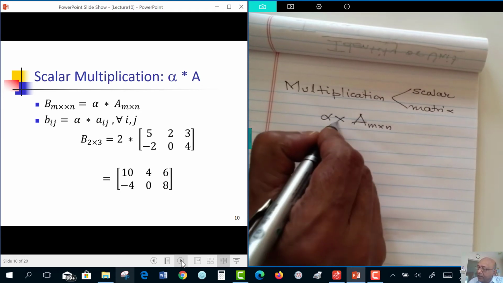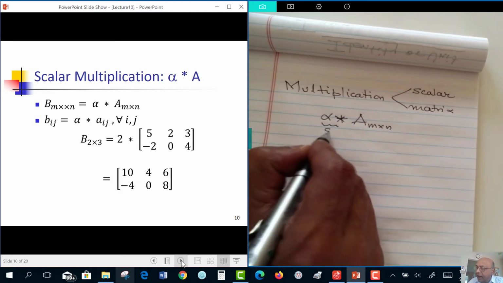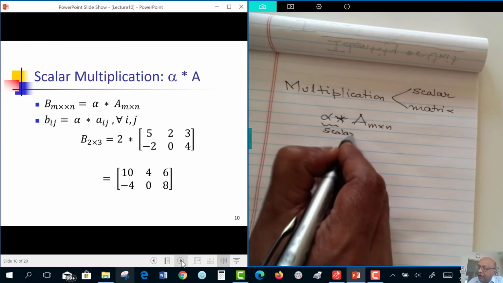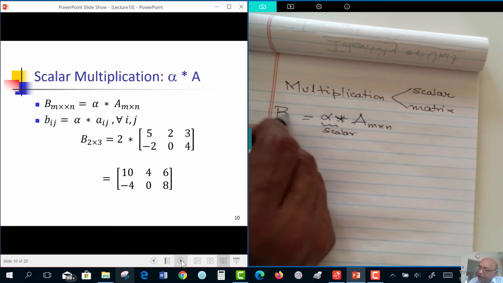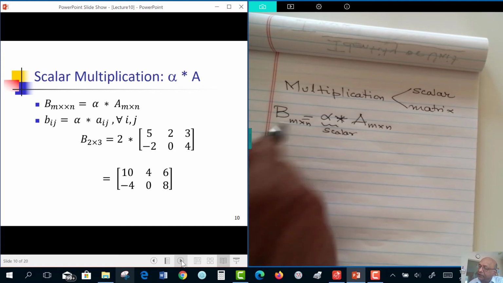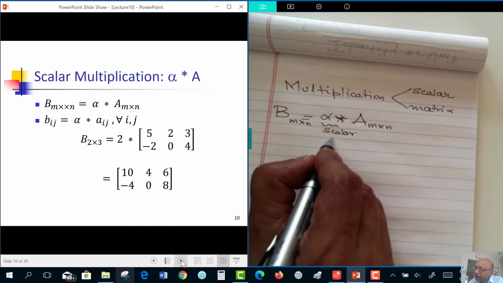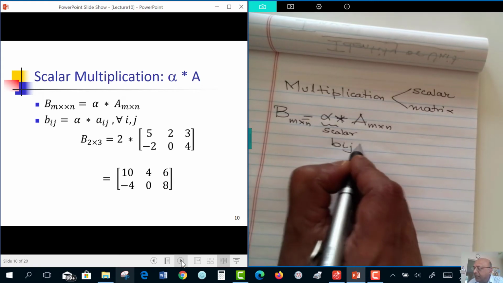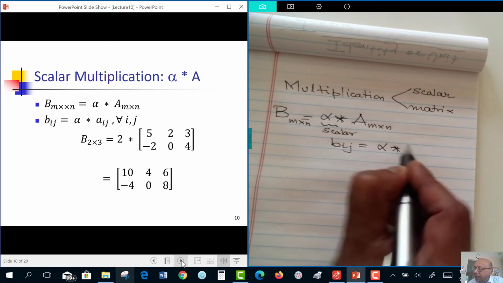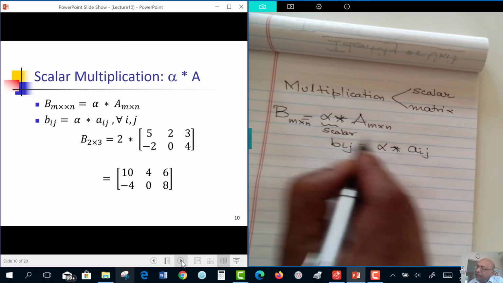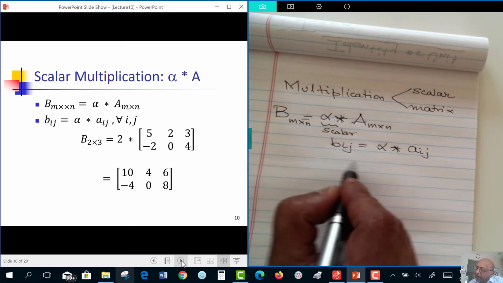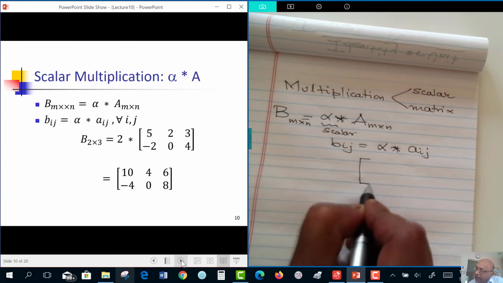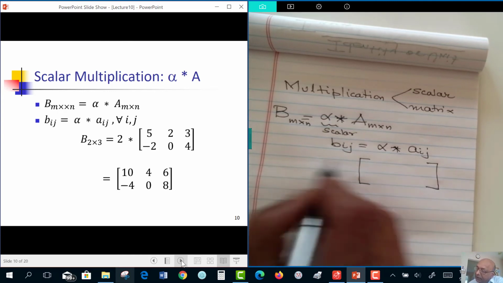We multiply it by some scalar alpha, and our result would be B, m by n, the same size matrix. It's very simple, probably intuitive. B_ij is alpha times A_ij. We just take each element of A and multiply it by alpha, and that gives us the result.